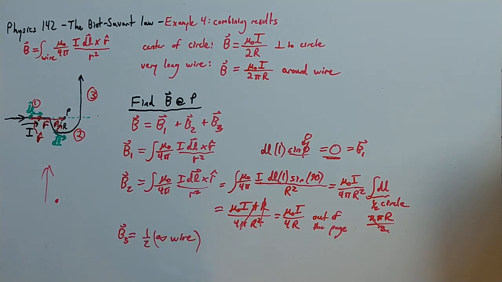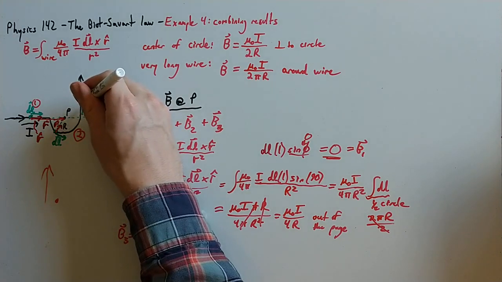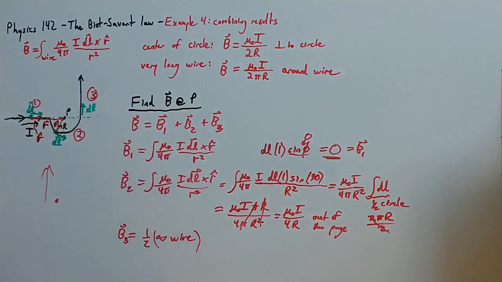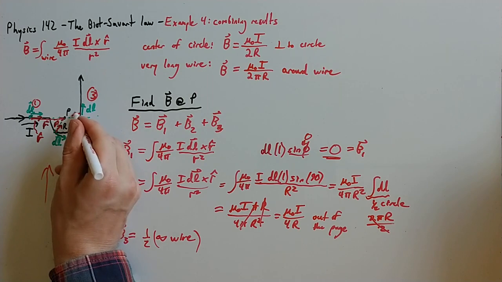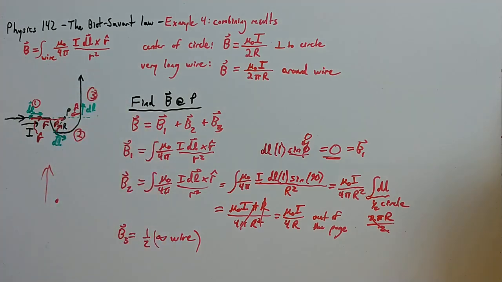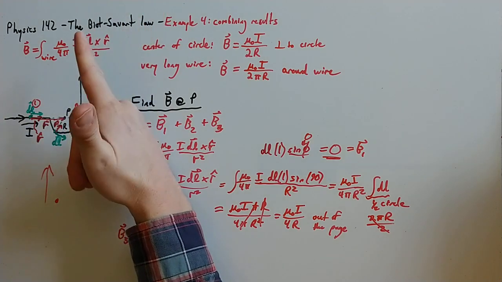If we think about our dl's, let me draw on a dl here. All my dl's are along the wire, and all of my r hats are going to be pointing in this sort of direction. There's my r hat up here, a little more like that. So all of my dl's will be this way, and all my r hats are going to be somewhere over here.